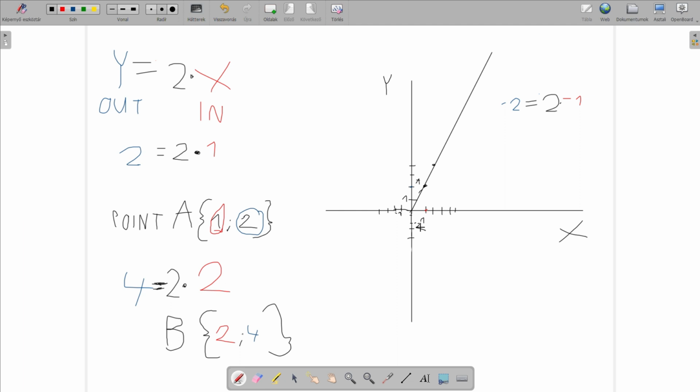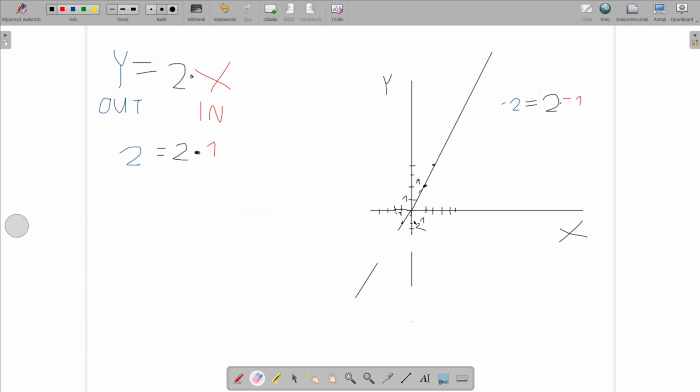Here's -2. So -1 and -2, and that's our output. Let's connect them with a line. Something like this. It's not going to be a perfect drawing because I'm pretty bad at it, but this is basically how you graph a function.